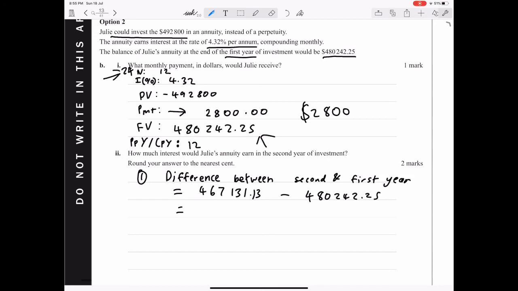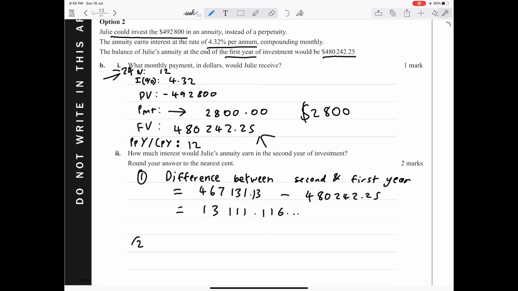So if you do that, you'll get negative $13,111.116. We won't round it for now.